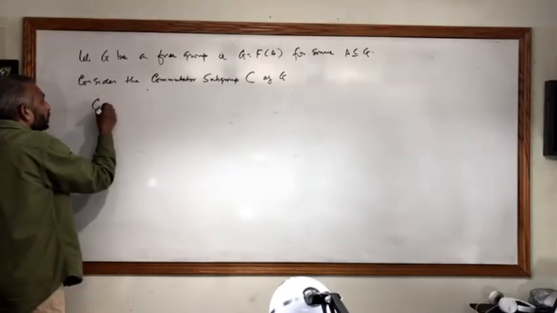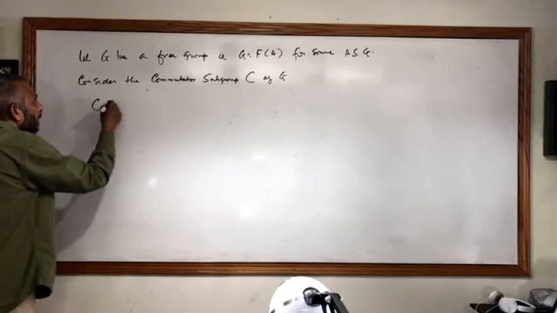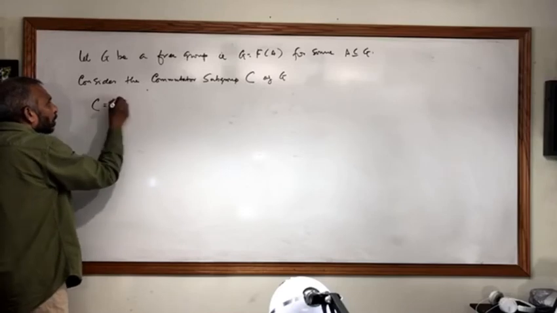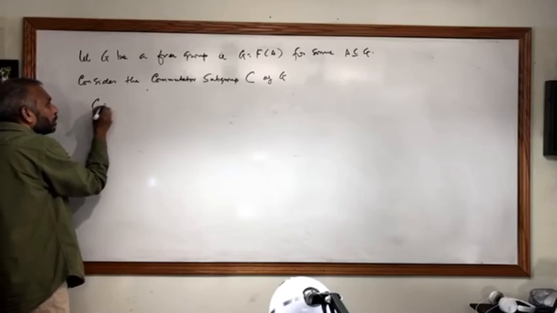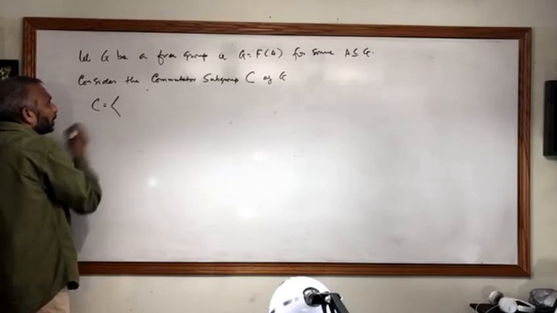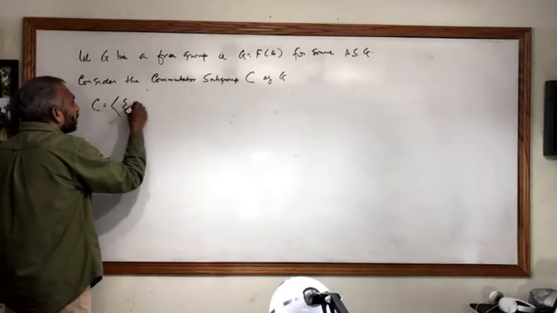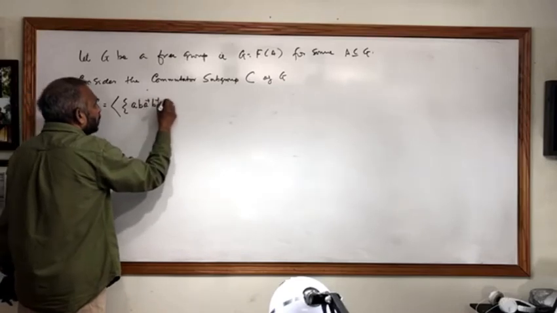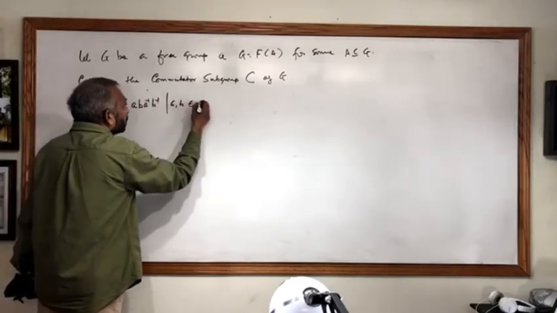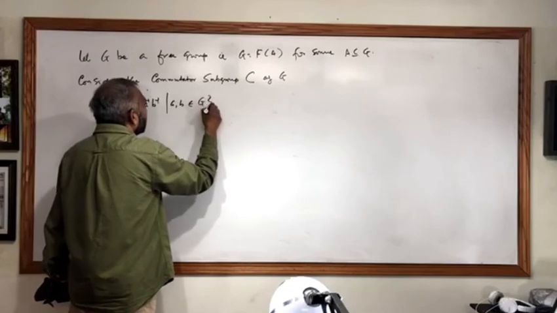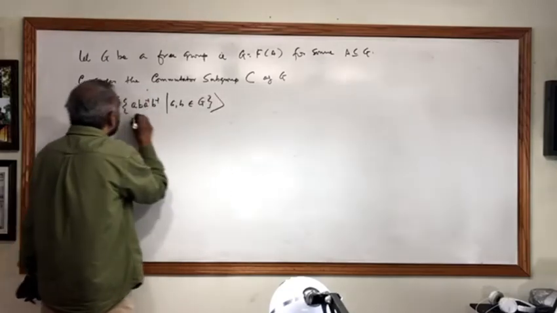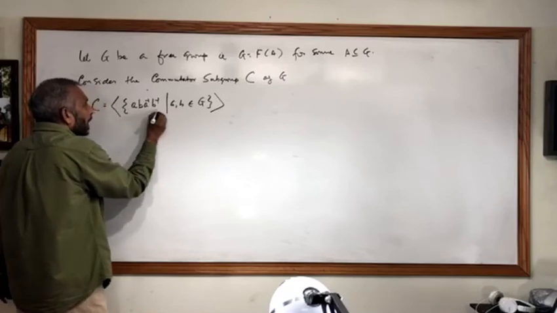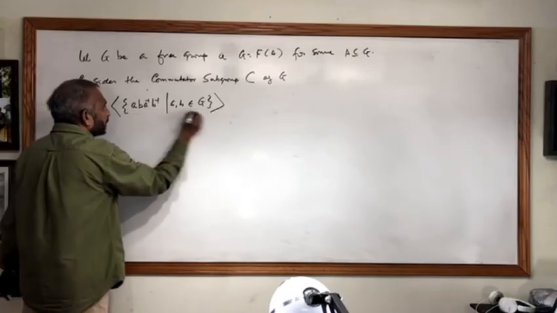C is generated by, or is the smallest subgroup containing, the set of all a b a inverse b inverse, where a, b belong to G. This is a commutator, and this is a set of commutators.